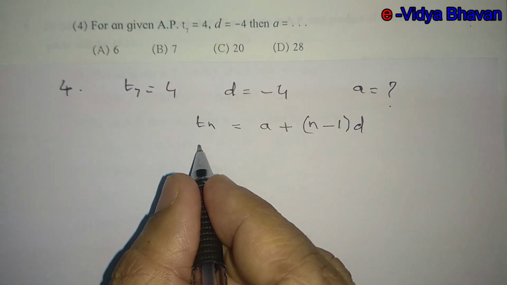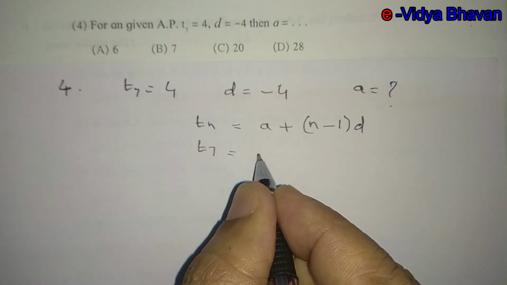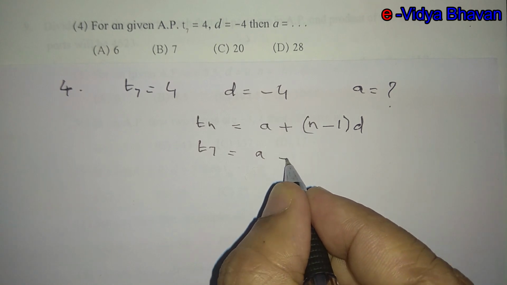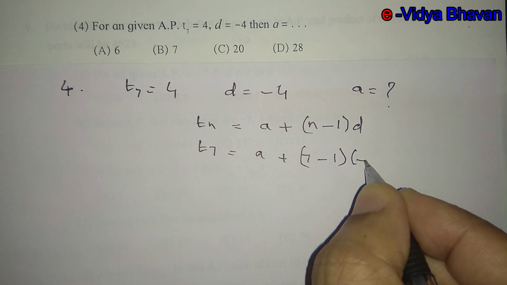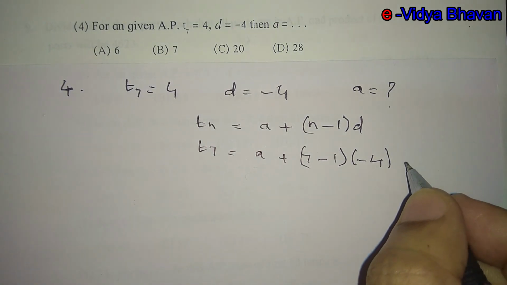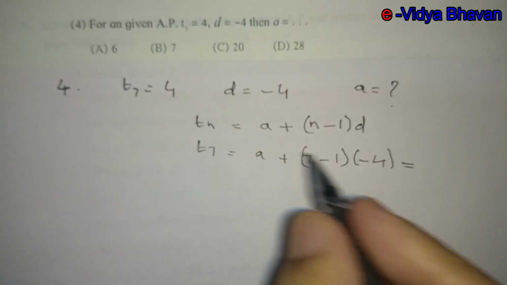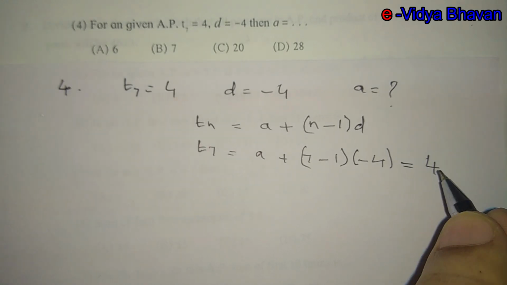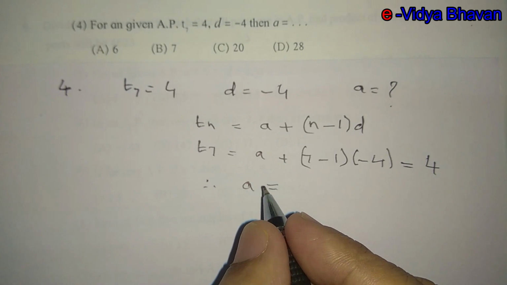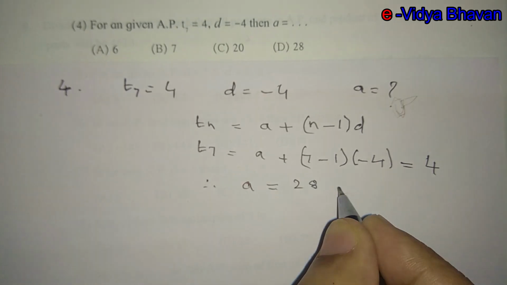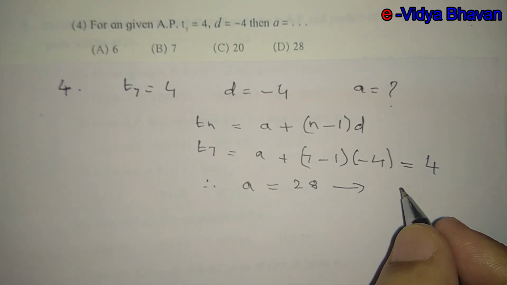Now T7 is given, so we'll write down T7: a we want to find out, 7 minus 1 into d, d is minus 4. And this value is given 4. After solving, you will get the value of a, that is 28. And the option is D.